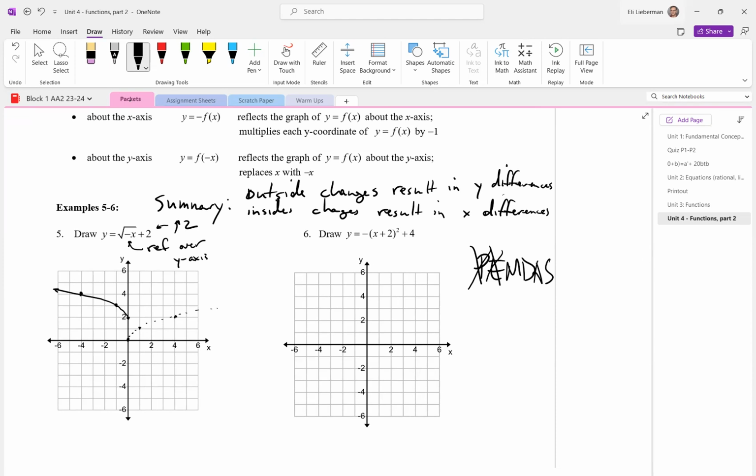Anything that involves multiplication and division comes first, then addition, subtraction. So it must be that order. Otherwise, you run the risk of reflecting something that's already moved. So you reflect before you move. Yes, in this case, we reflect first. Okay.